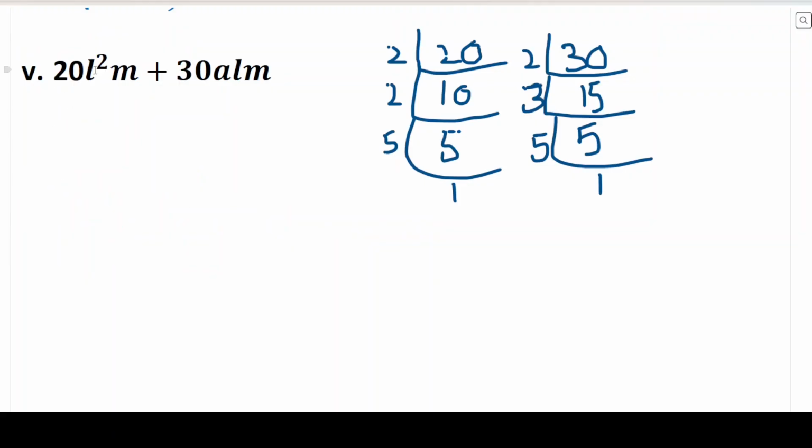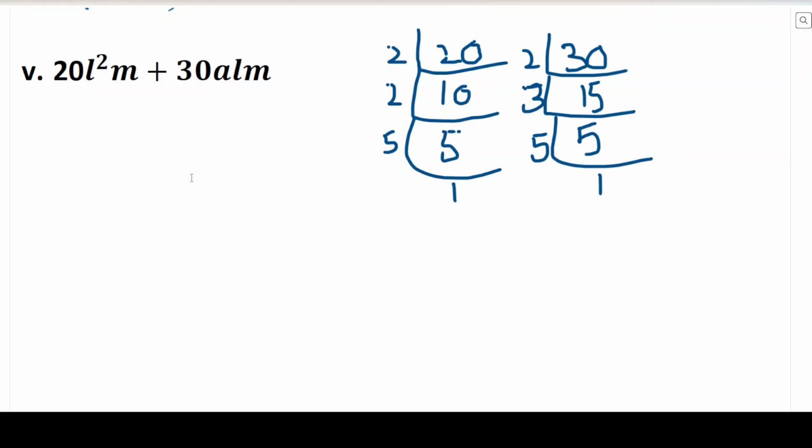So next problem, 20 L square M plus 30 ALM. How can we factorize 20 by using the LCM? 2 tens are 20, 2 fives are 10, 5 ones are 5. These are the factors of 20. Same way we can find the factors of 30: 2 fifteens are 30, 3 fives are 15, 5 ones are 5.